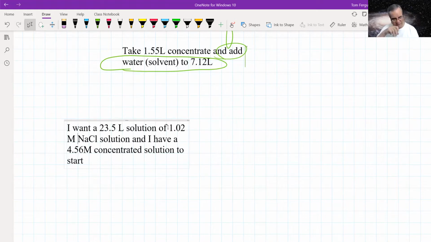And you have a concentrated solution of 4.56 molar to start. How would you make that?